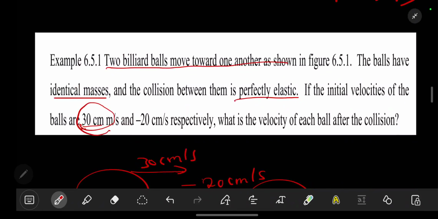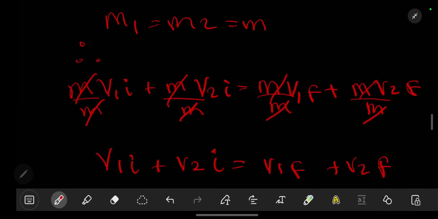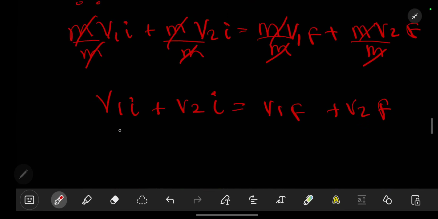We have the speeds. We are told that the V1 is 30 centimeters per second. There will be no need for you to convert unless they tell you to express in SI units. So V1 is 30 centimeters per second. Then V2 is negative 20 centimeters per second.